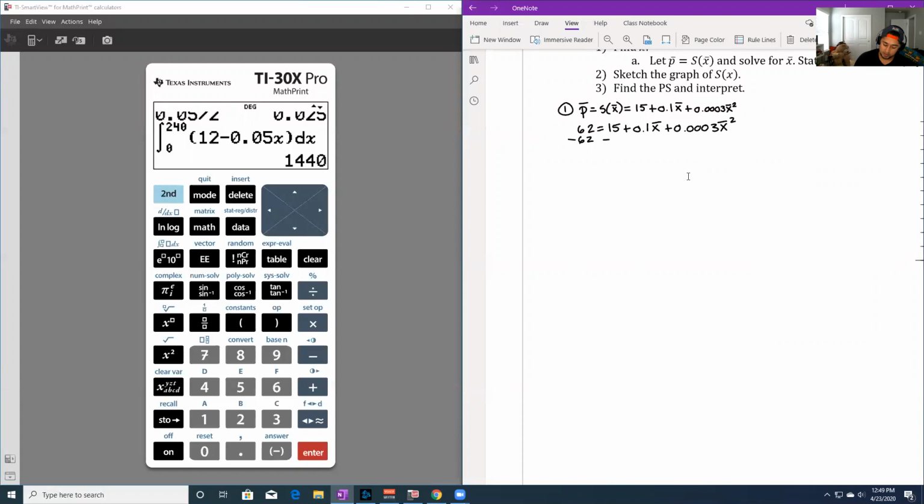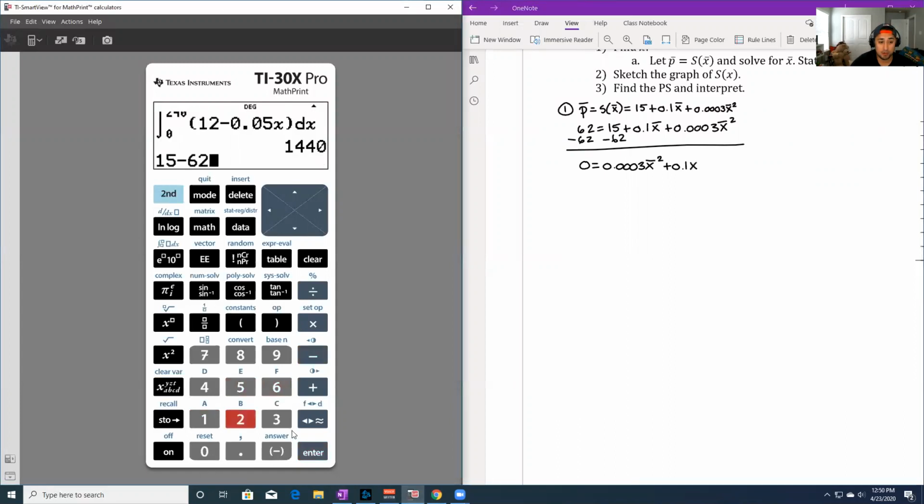All right. So you get 0 equals, and I'm going to rewrite this with the highest power first, which is X bar squared. So 0.0003 X bar squared plus 0.1 X bar, and 15 minus 62, negative 47, minus 47.